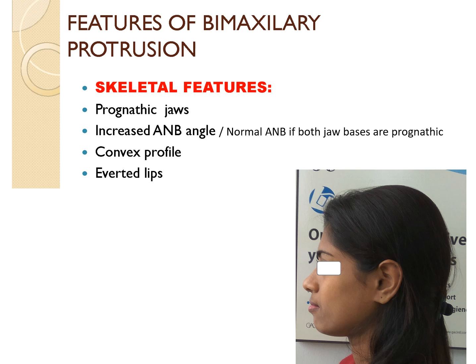That means bimaxillary, both jaws are protruded, right? So skeletally, how will a patient look? As you see in the picture, they have prognathic jaws. That means definitely they have an increased A and B angle, convex profile, and everted lips.